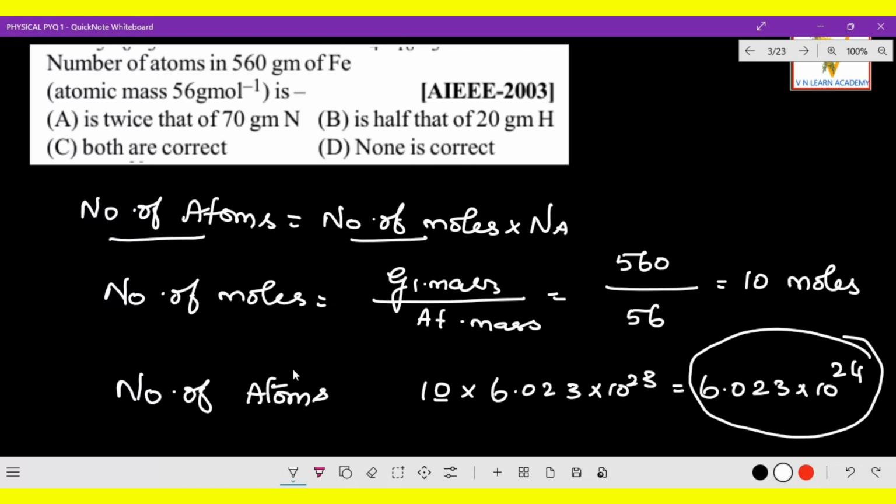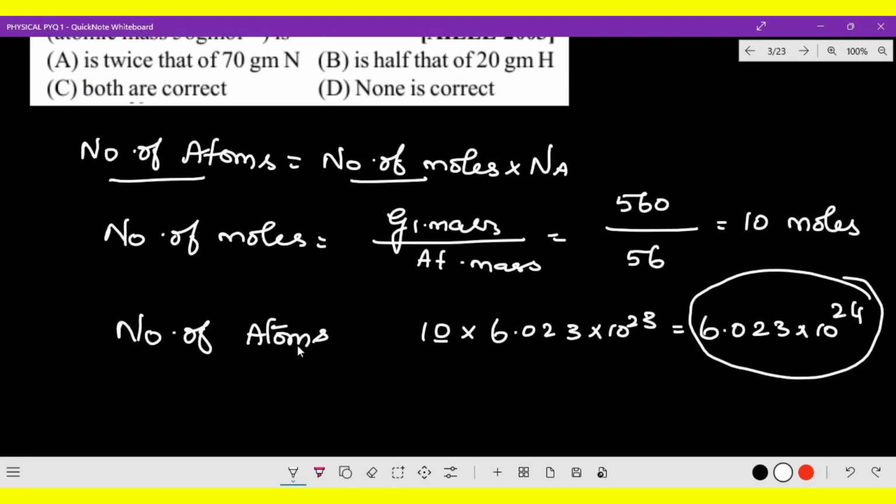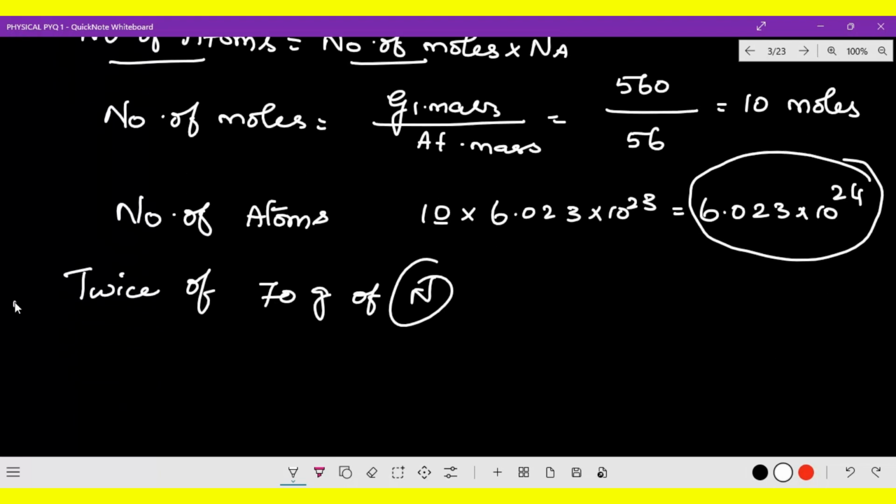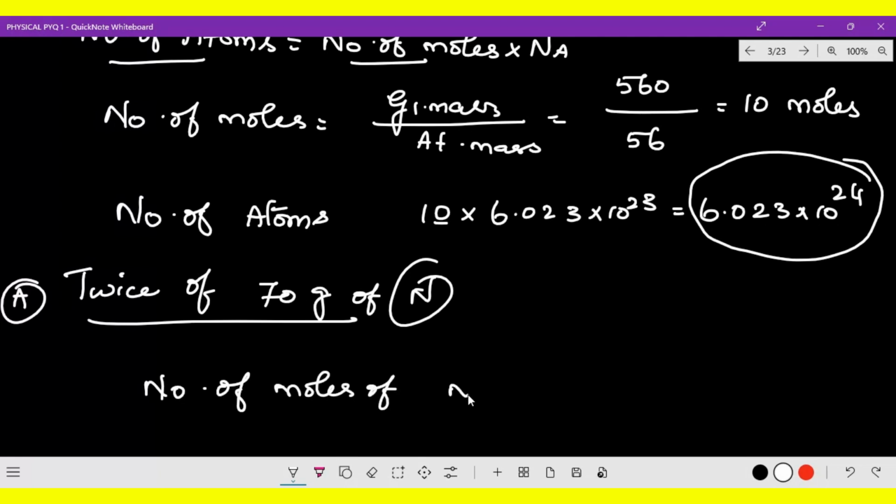Now that we found this answer, we have to check option A: twice of 70 grams of nitrogen. Let us check whether option A is correct or not. First we identify the number of moles of nitrogen, which is given mass by atomic mass.